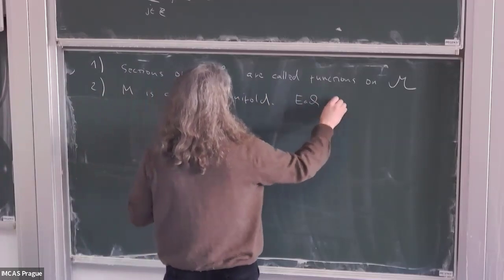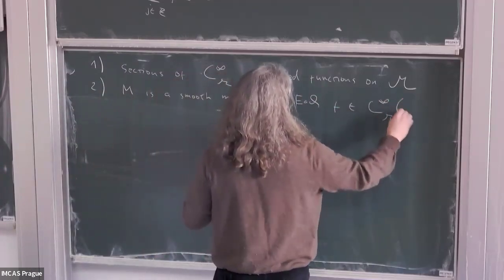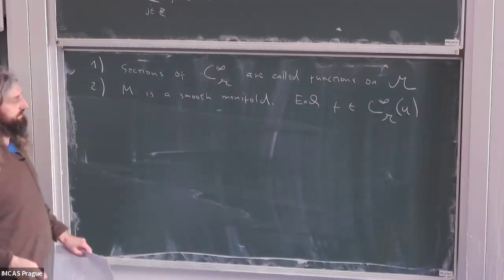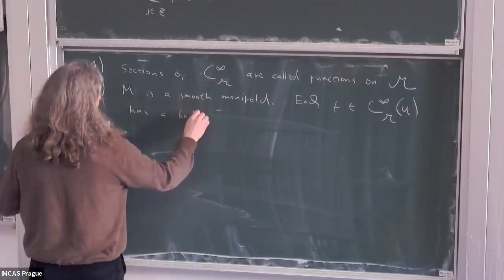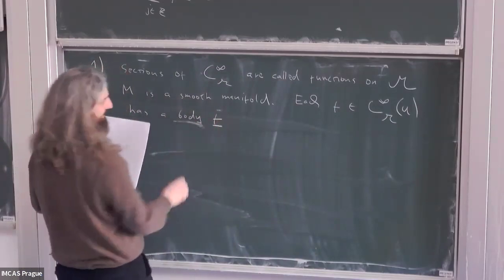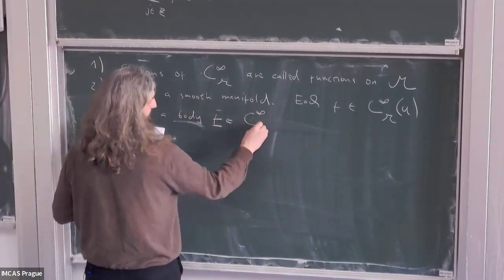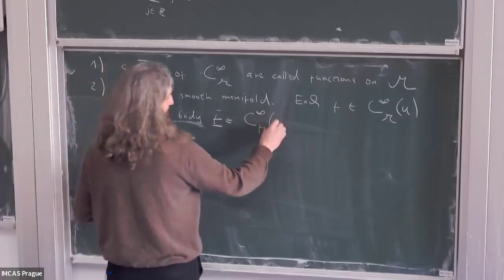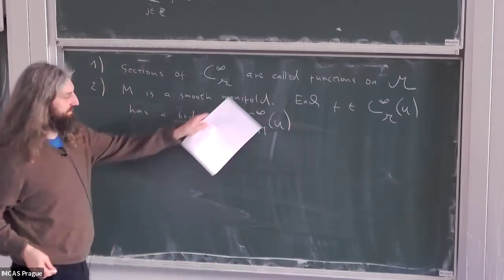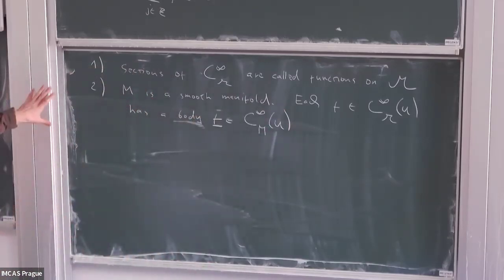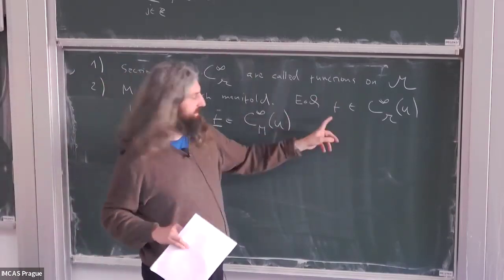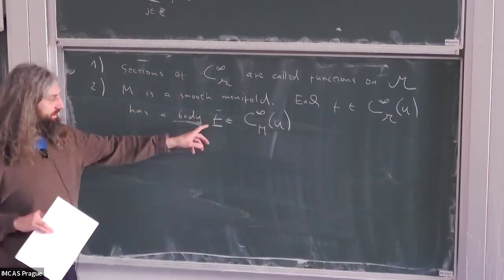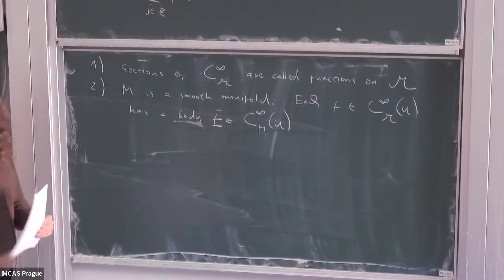And each function on our graded manifold, over some open subset U of M, has a body, which is denoted as f underline, which is a smooth function on this underlying smooth manifold over U. So basically, there is always an ordinary manifold underlying the graded manifold, and each section of this sheaf, meaning what we call a function on curly M, has an associated ordinary function lying under it.